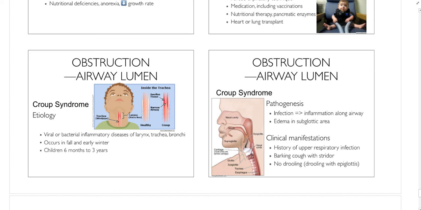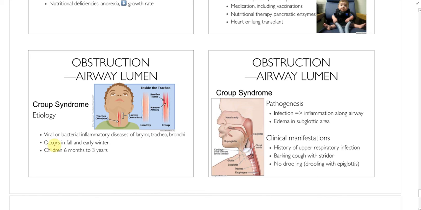For croup syndrome, this is a pretty common childhood illness. It can be due to a viral or bacterial inflammation or infection that develops inflammation in the larynx or voice box area of their airway. This is already a very narrow area of a child's airway.